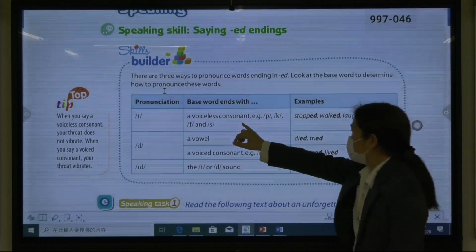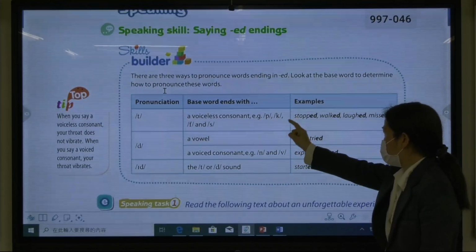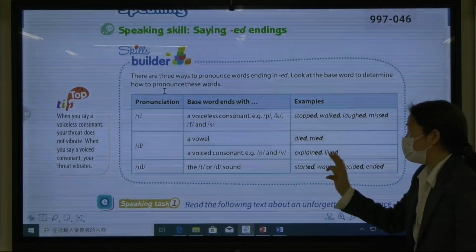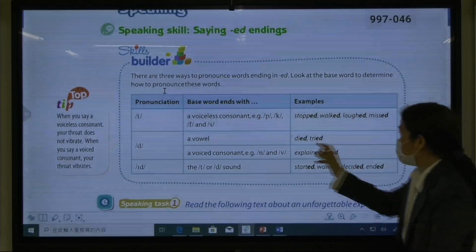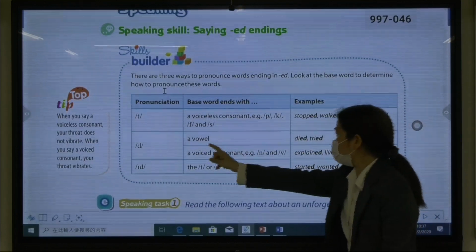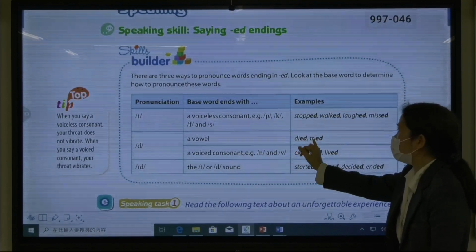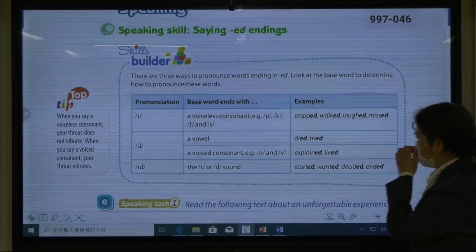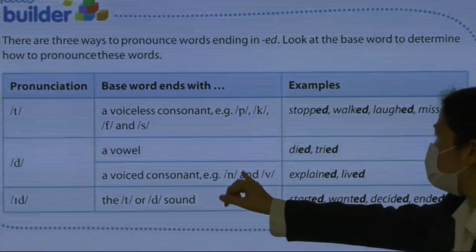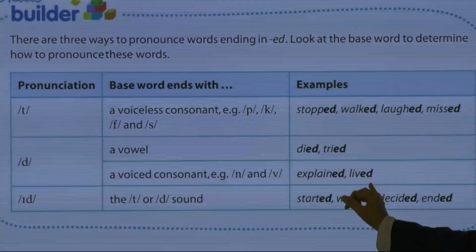If the word ends in a vowel, for example died or tried, we say the -ed as /d/. Also, if it ends in a voiced consonant, like N or V, we also say /d/, like explained, lived.